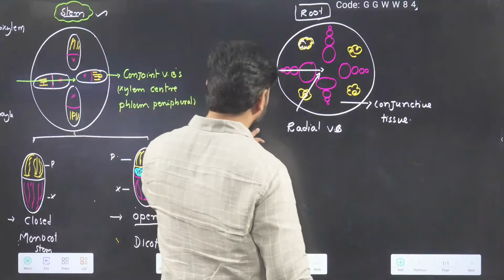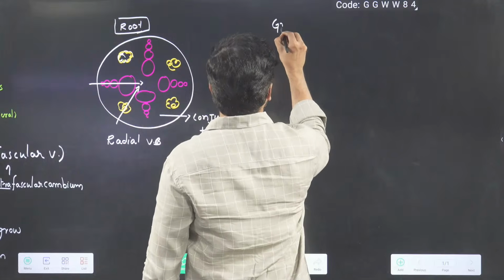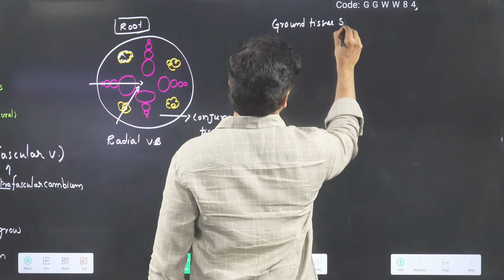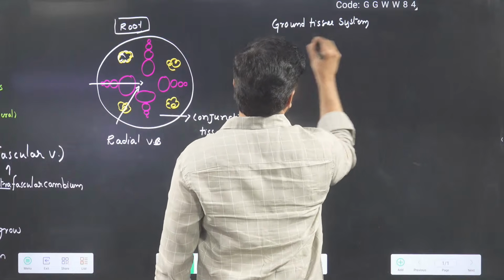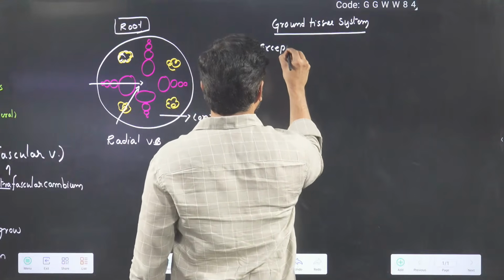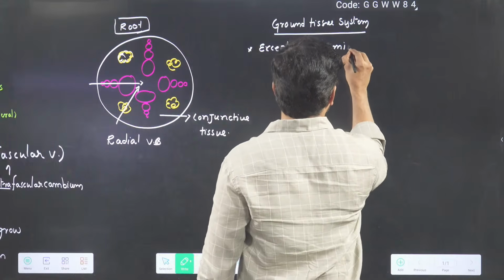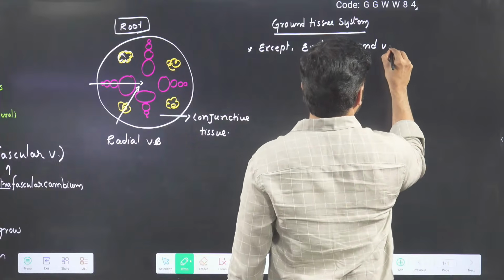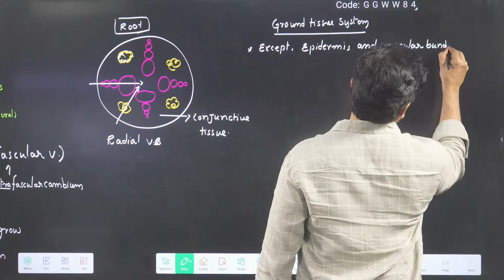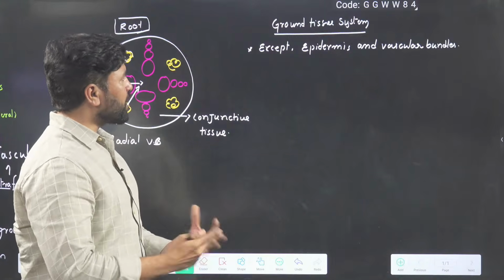Next, finally, we need to talk about ground tissue systems. If anybody asks you what is ground tissue system, there you will get, except epidermis and vascular bundles, remaining all tissues are denoted as ground tissue system.